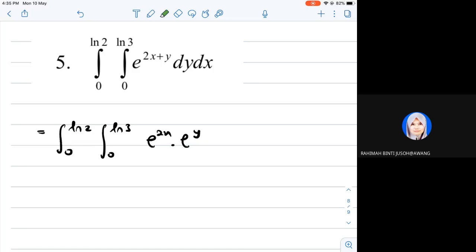Like that, because the power is 2x plus y. So that multiplied, so it becomes dy dx. Okay guys, so when we integrate with respect to y, what happens? Exponential 2x becomes a constant, so it can be taken out.